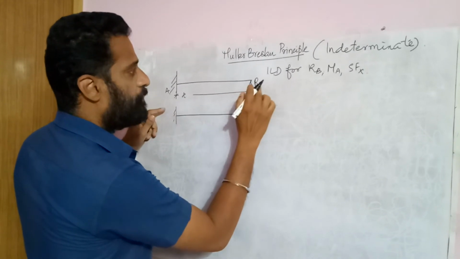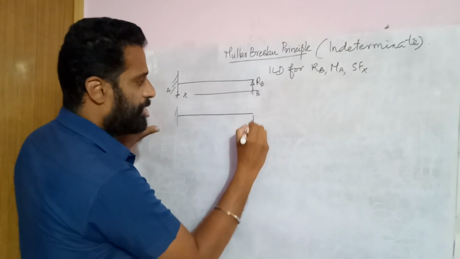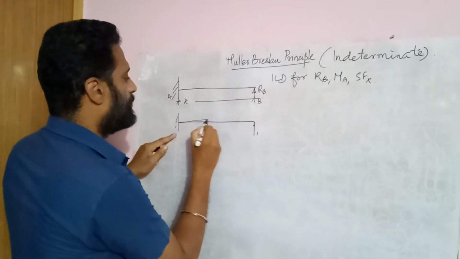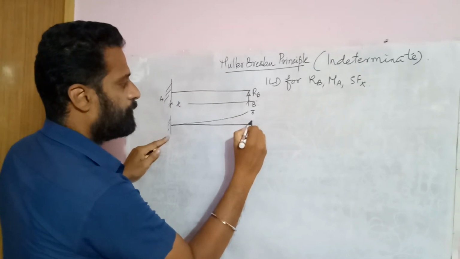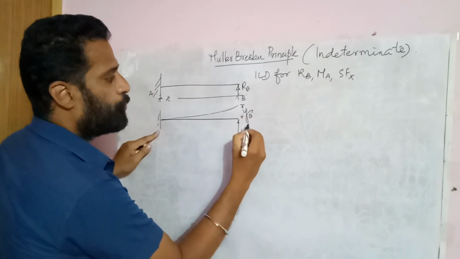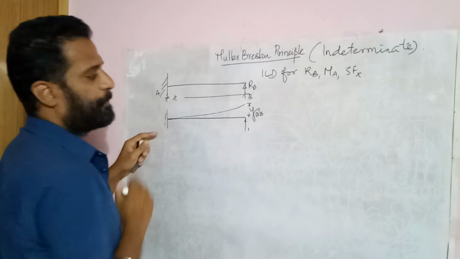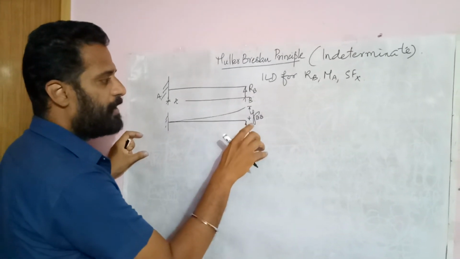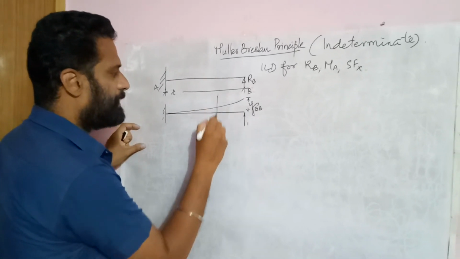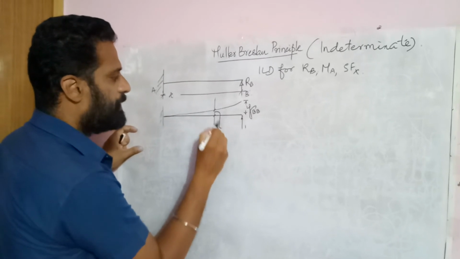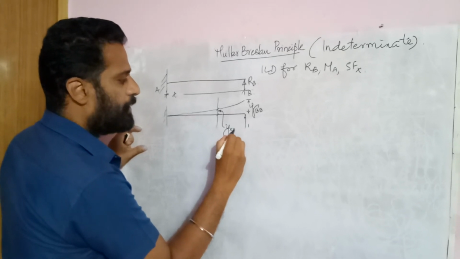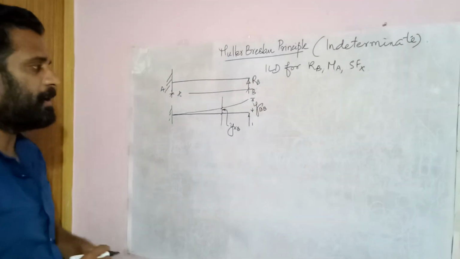I'm releasing the load from RB and instead putting a unit load, which will make a displacement at B due to the unit load at B. We notate it as YBB, the deflection at B due to unit load at B. Take any section, maybe X. The deflection at X due to unit load at B may be designated as YXB.